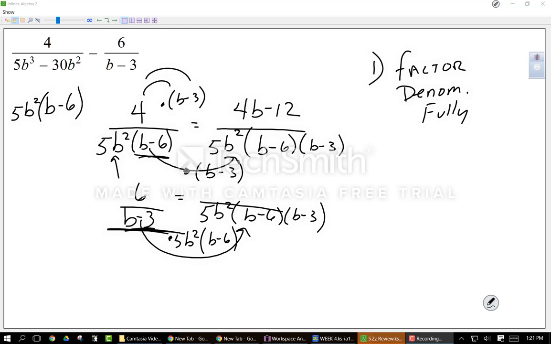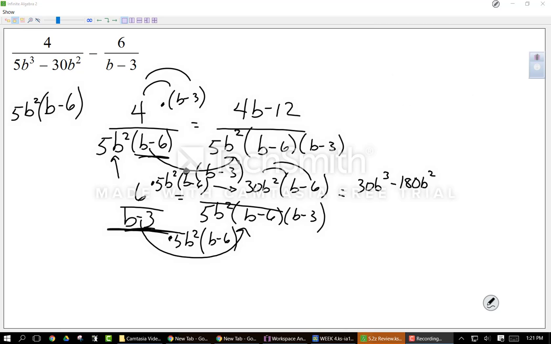Now what do I do? Well, now we have to multiply the top as well by the same thing that I multiplied the bottom with. So 6 times 5b squared times b minus 6. What does that give me? 6 times 5 is 30, so 30b squared times b minus 6 is actually 30b to the third minus 180b squared. How did I get that? I distributed.